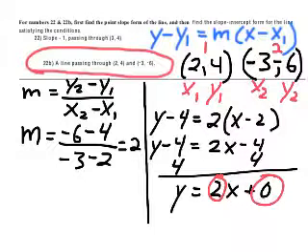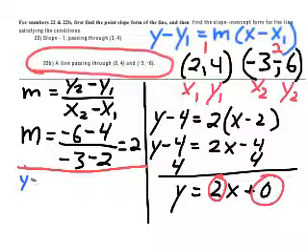Let's do it with the other point. We'll use negative 3, negative 6 for our point in this case, because, like I said, it doesn't matter which one you use. So y minus y1, which is negative 6, equals m, which is our 2, times x minus negative 3.